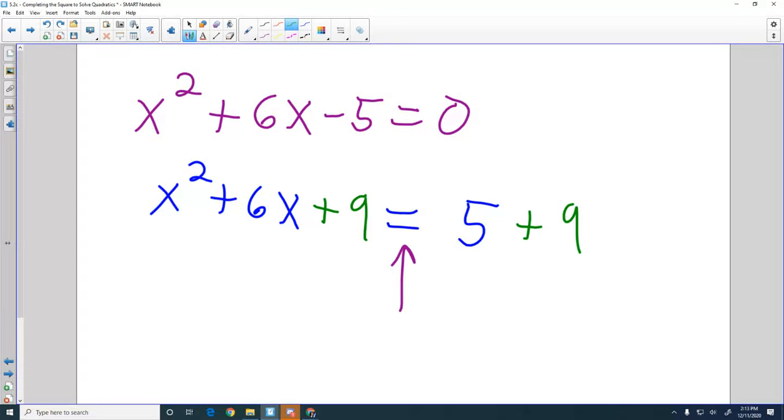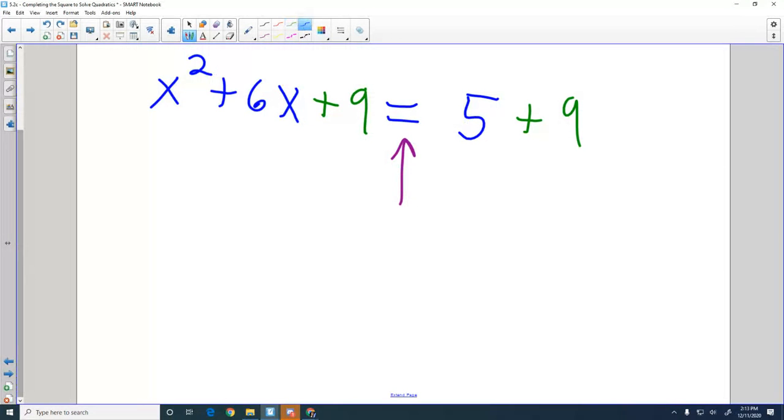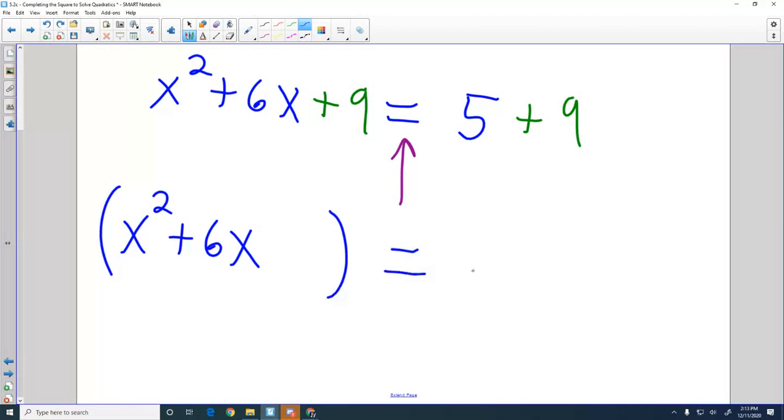It's the same thing. So that's what I was showing you. But there's another way we can keep this teeter-totter balanced. If I have this x squared plus 6x equals 5, oh, let me write this. I still need to add 9 here to make that the perfect square trinomial. But what if, instead of adding 9 to the right side to keep it balanced, I subtracted 9 on the same side?